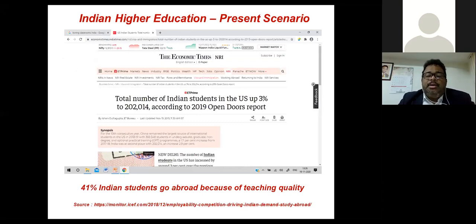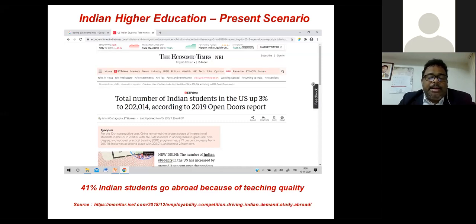This is something I took just yesterday from the Economic Times, but it is dated November 19, 2019, just 1 year before. In 2019, it increased by 3%, and more than 2 lakh students were added.